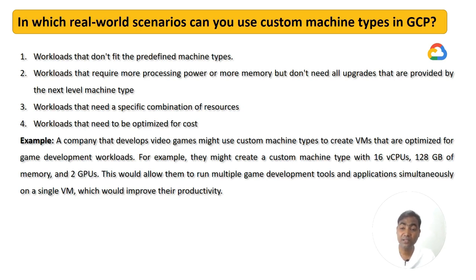This would allow them to run complex scientific simulations and calculations efficiently. But guys, custom machines are more expensive than normal predefined machine types. I'll show you in the lab a comparison between the predefined machine types and the custom machine types so that you can easily understand it.